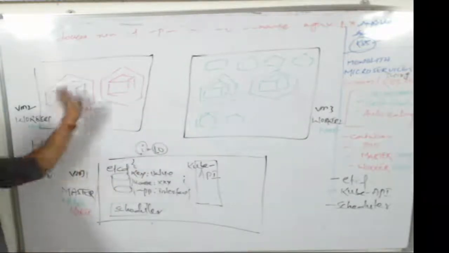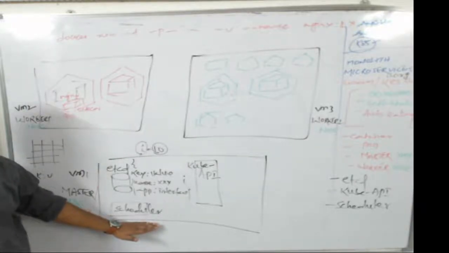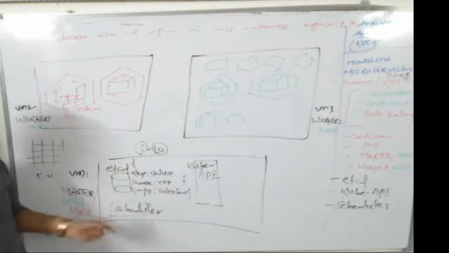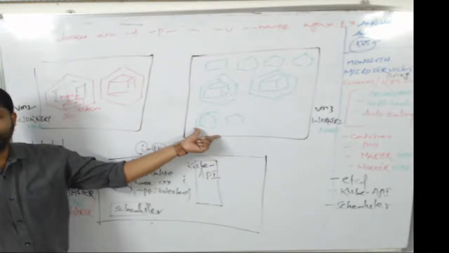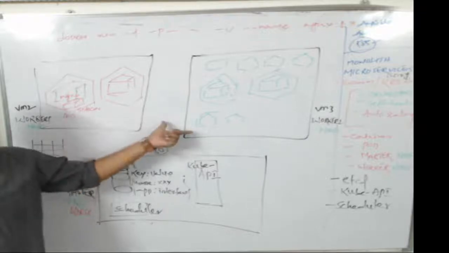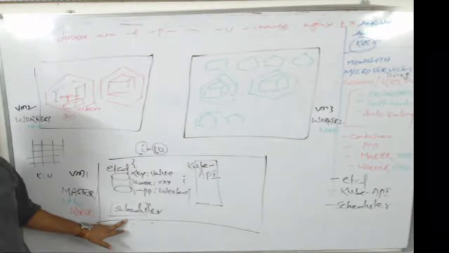Let's say you want 10 pods of interface. It's the scheduler who schedules those 10 pods on the nodes. Now the scheduler decides which nodes are available, which nodes are not available, which nodes can take more pods, which nodes cannot take more pods. All that stuff is managed by the scheduler.